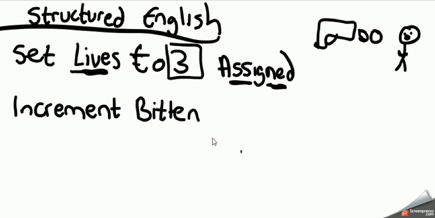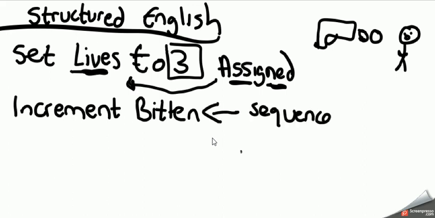So far, we've assigned a value and we've done a sequence. A sequence is a number of steps performed one after each other to perform a task. In this case, there's only 1 step: be bitten.